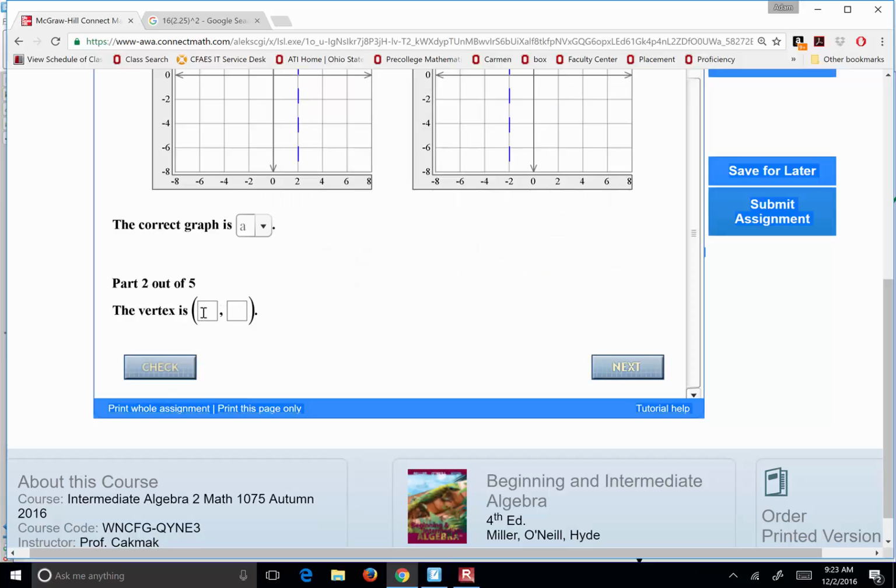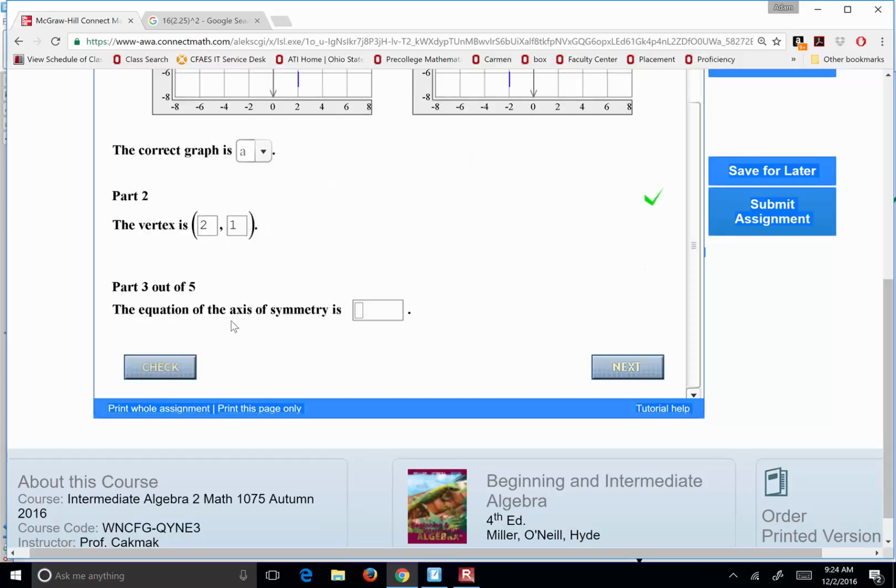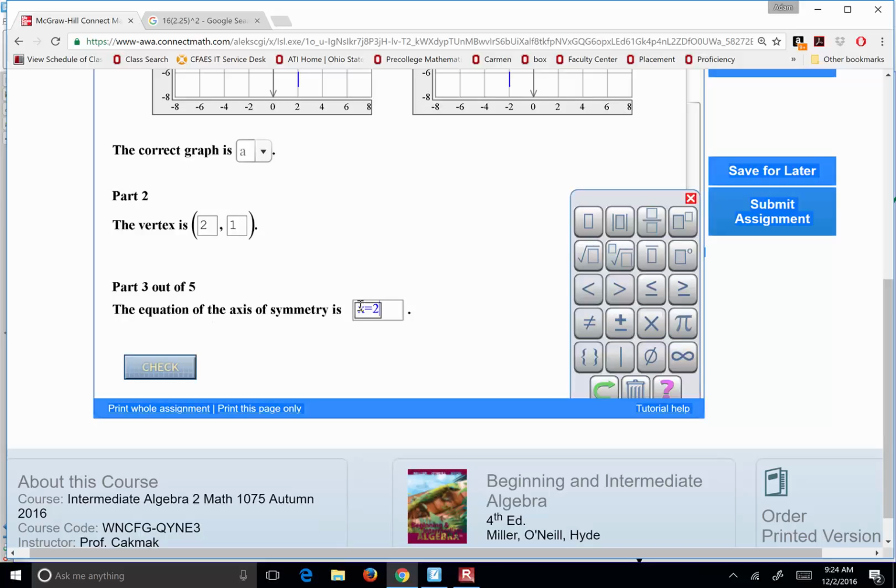Okay, now it's asking where the seed is, and we already determined that it's 2, 1. The equation of the axis of symmetry, we already found that x equals the x coordinate of the vertex.